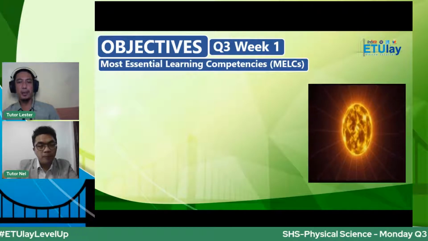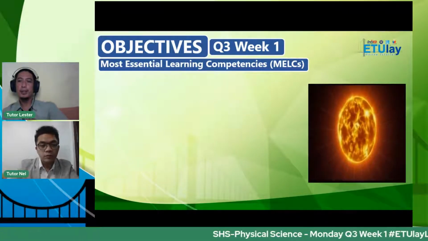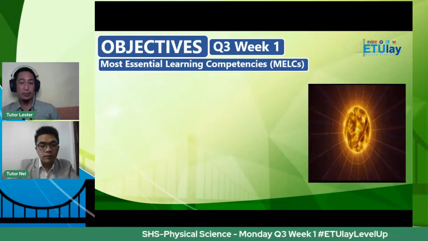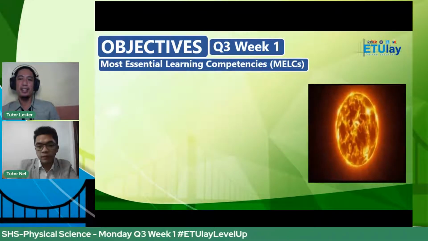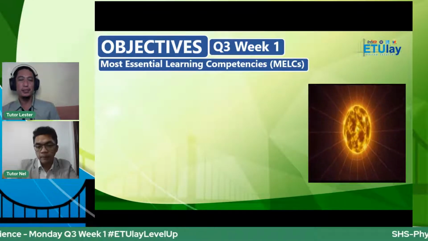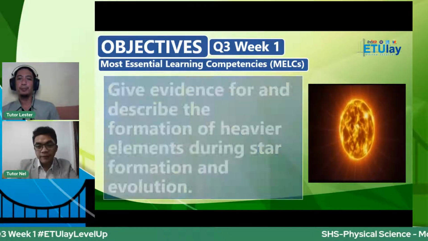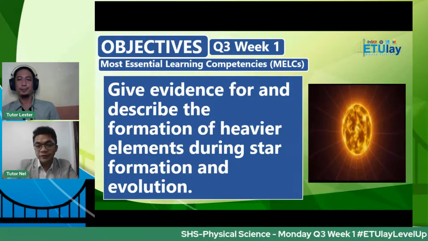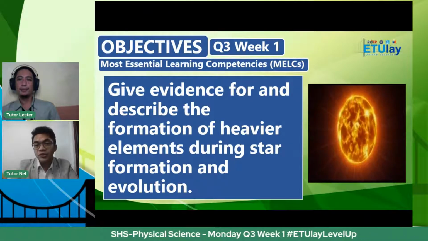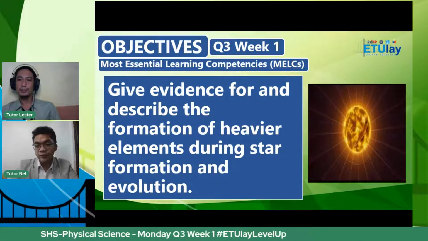All right, thank you, Tutor Neil. So for this session, we will take up the following most essential learning competencies. First one is give evidence for and describe the formation of heavier elements during star formation and evolution.